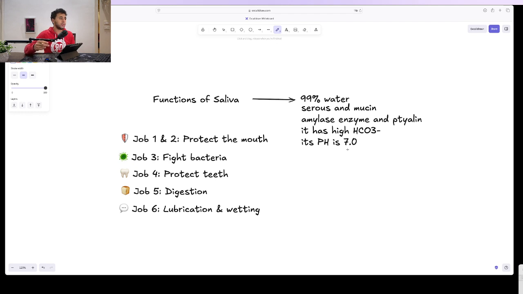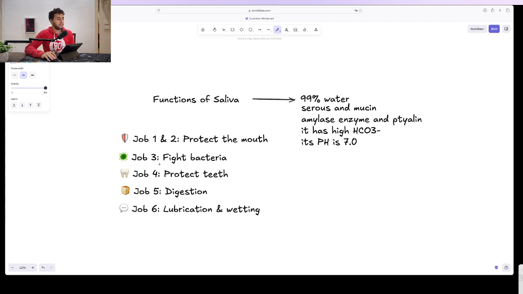And also it has a pH of 7, which is important to neutralize any acid that we eat from other foods, and also to neutralize any epigastric and gastric reflux. If we have any reflux, it's acidic, so it will neutralize this acid.